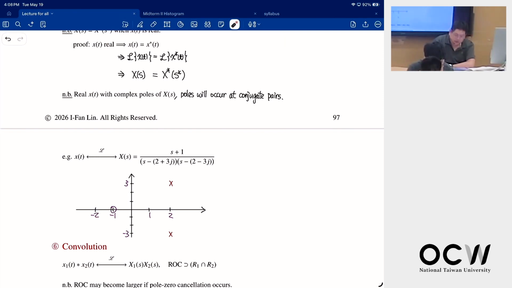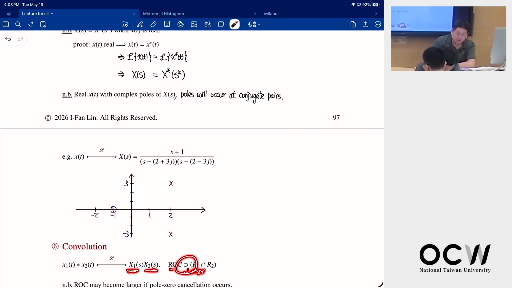Next, the convolution in time domain. In Laplace domain, it is the multiplication, and the region of convergence will be the intersection of R1 and R2. But here again, it should be equal or even greater than that. Why?